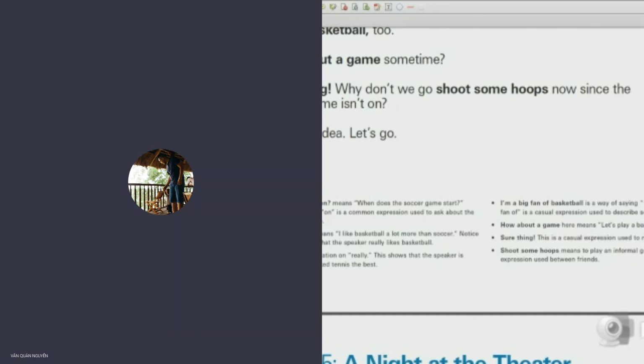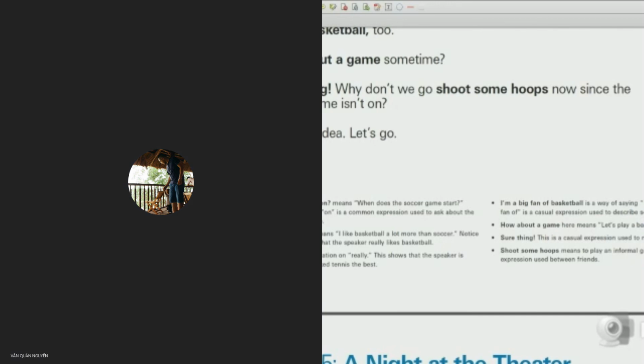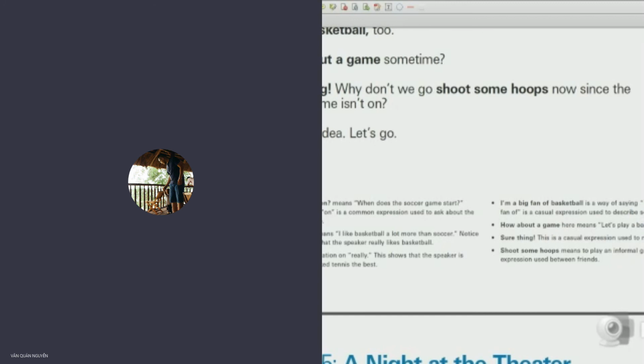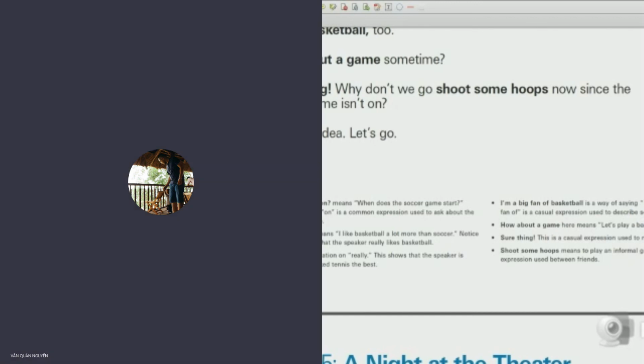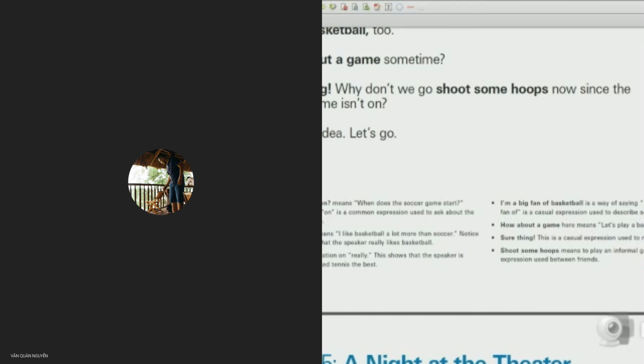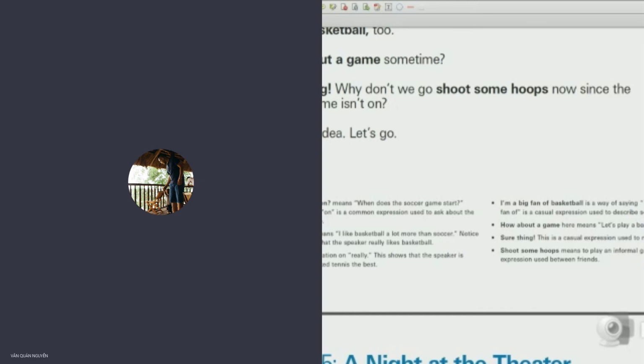Sure thing is a casual expression to say okay. It is something that you use to say okay to a friend. You can also say, why not? Yes, sure thing or sure, why not? That is another way of saying yes when you're talking to a friend.